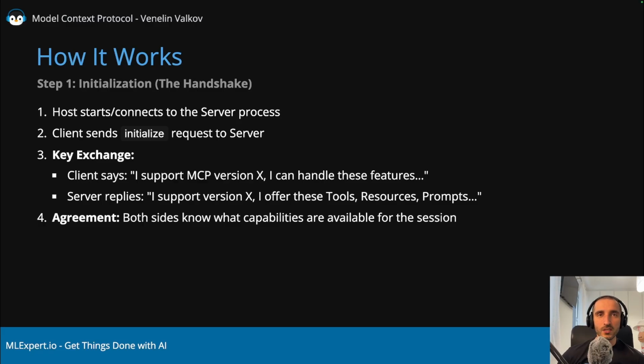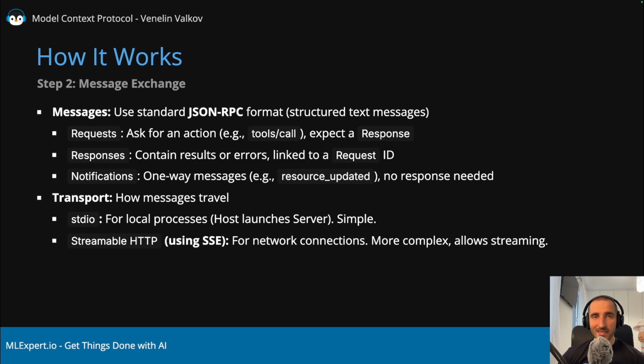For example, the server might say, hey, I have these resources, I have these tools, and I have these prompts that are available. Also, the client can say, okay, I'm using the MCP protocol version, etc. And then based on the versioning, you should probably get to understand what the capabilities of both the server and the client are. Once this handshake is complete, you are essentially in the stage where you can send messages between the client and the server.